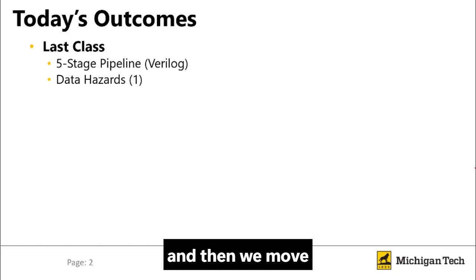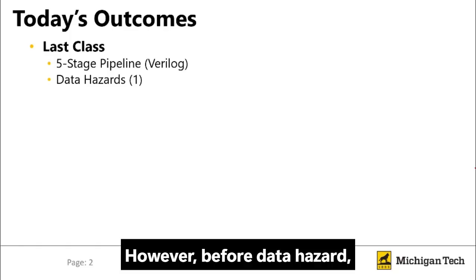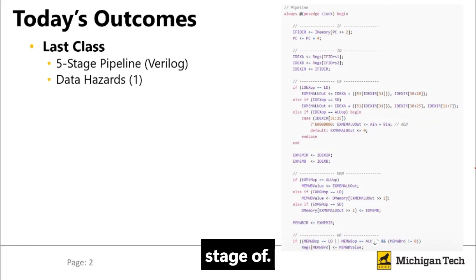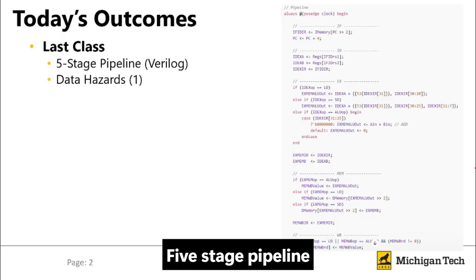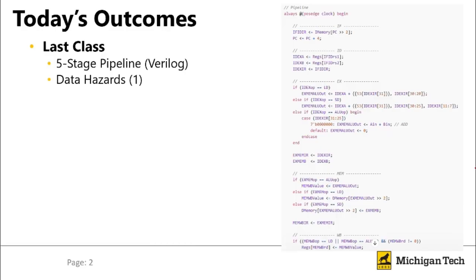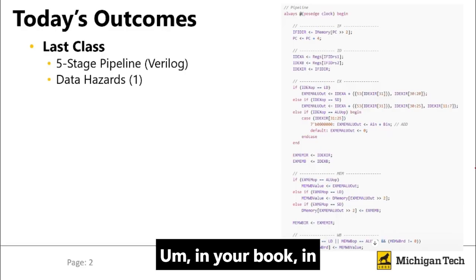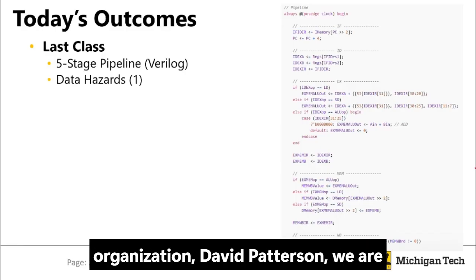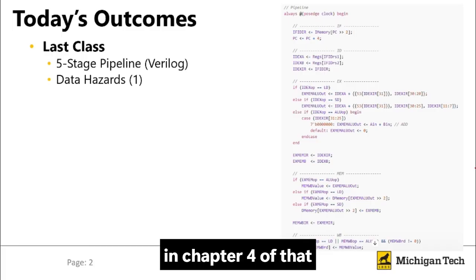And then we move to data hazard. However, before data hazard, we talked about different stage of implementing a 5-stage pipeline processor in Verilog. In your reference book, Computer Organization, David Patterson, we are in chapter 4 of that book right now.